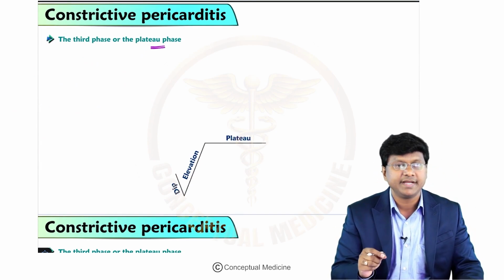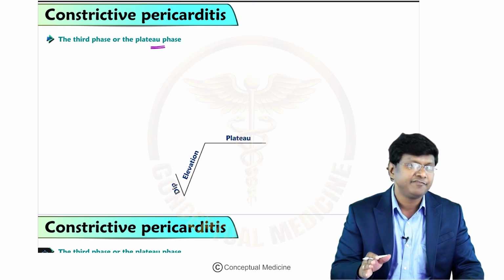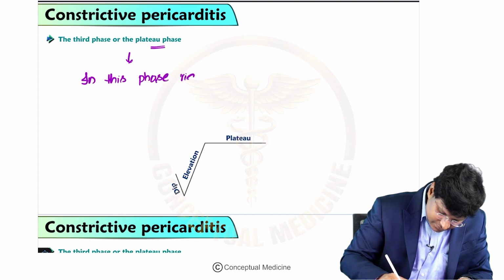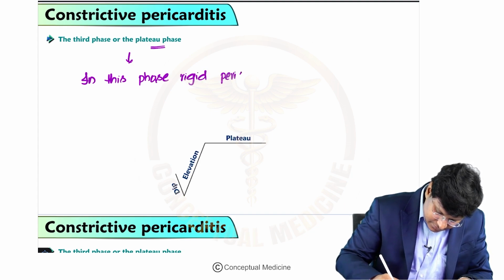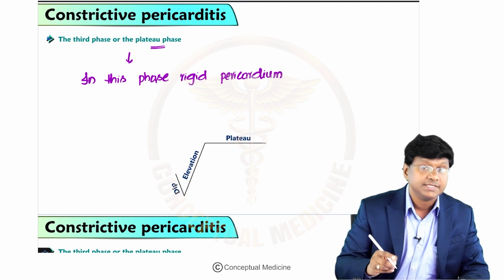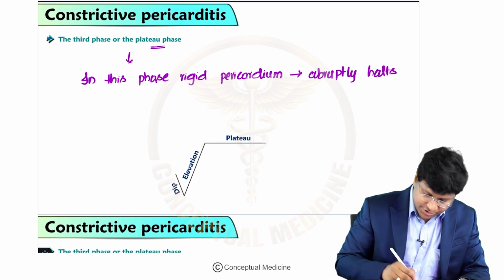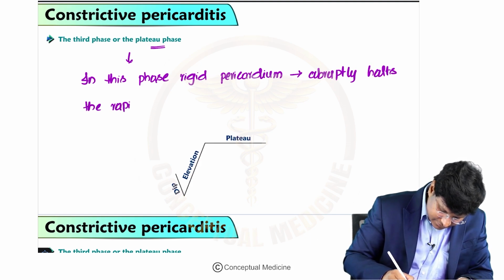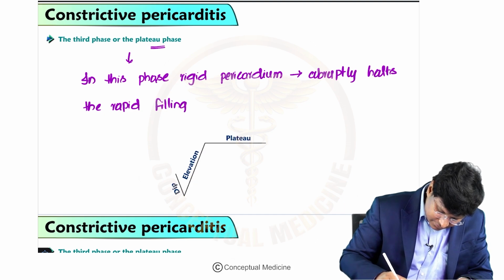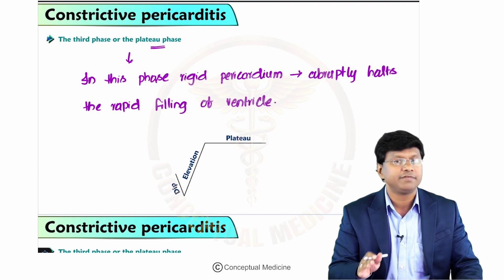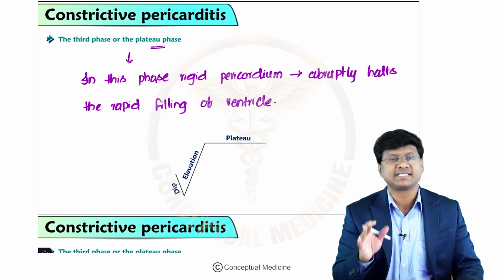In this phase, the rigid pericardium abruptly halts the rapid filling of the ventricle when they reach the maximum cardiac volume.